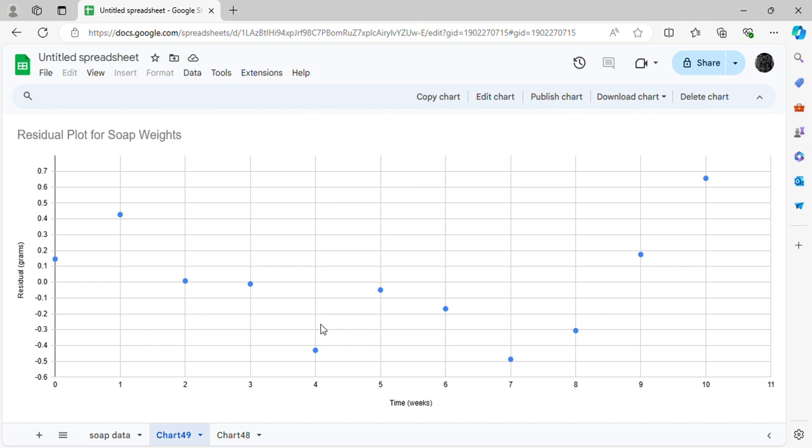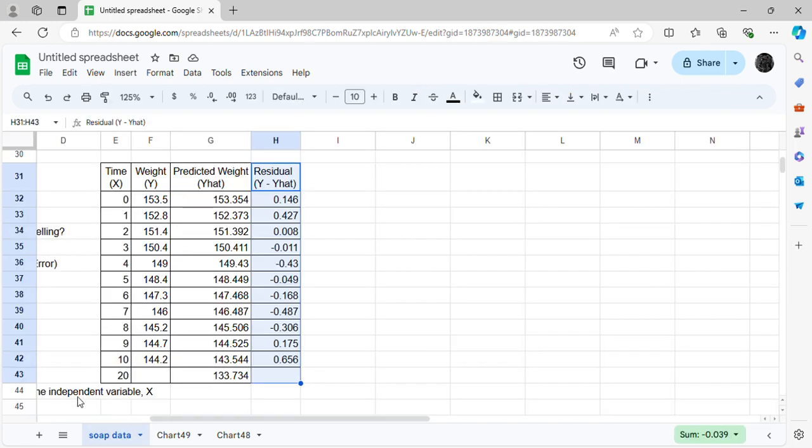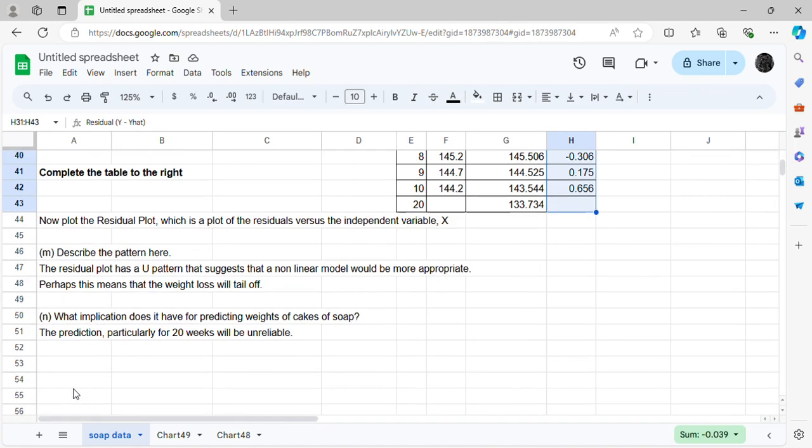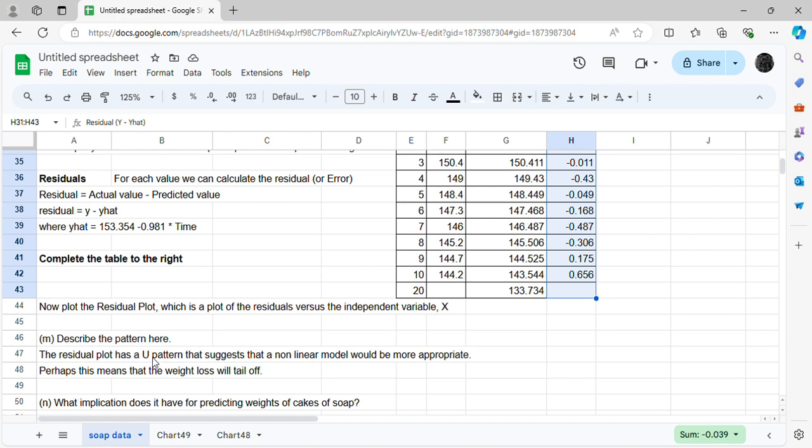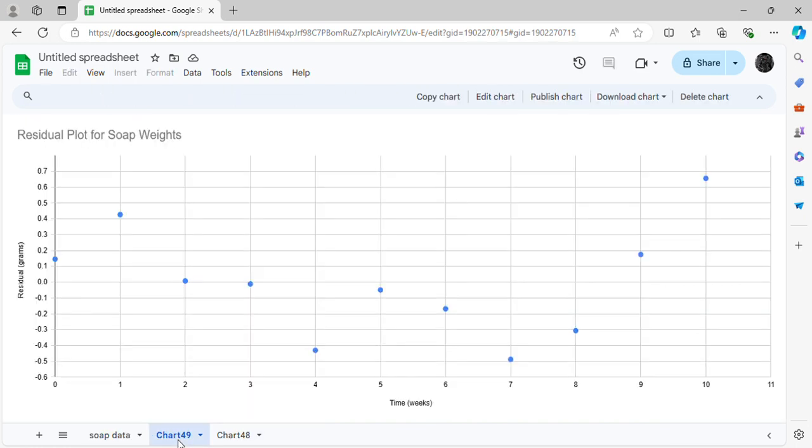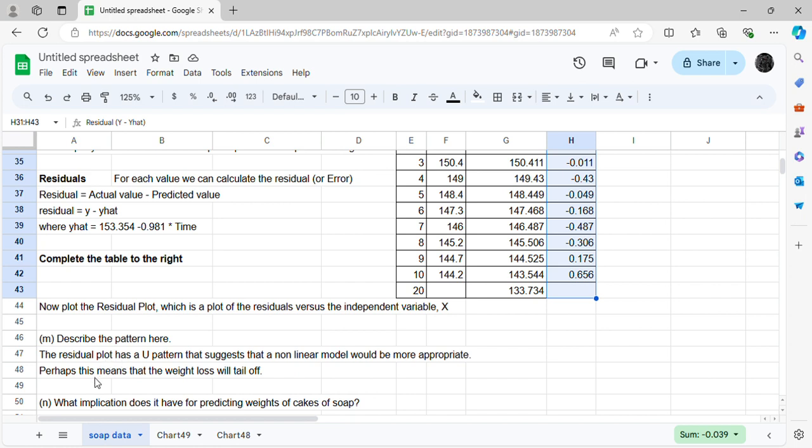What does this show? This is more like a U shape. So describe the pattern here. The residual has a U pattern that shows that a non-linear model would be more appropriate. Perhaps this means that the weight loss will tail off.